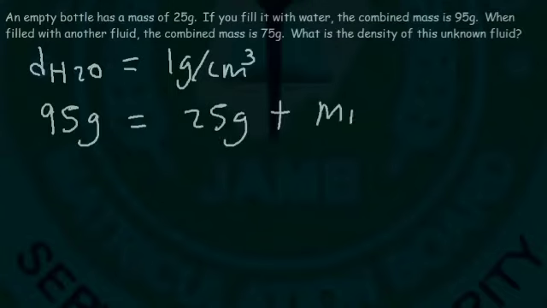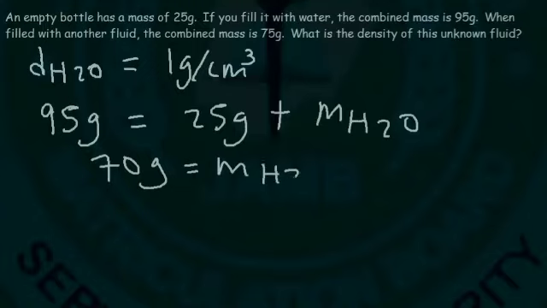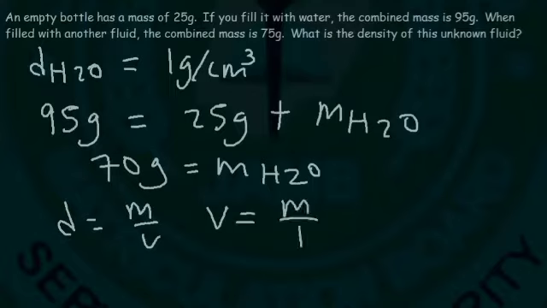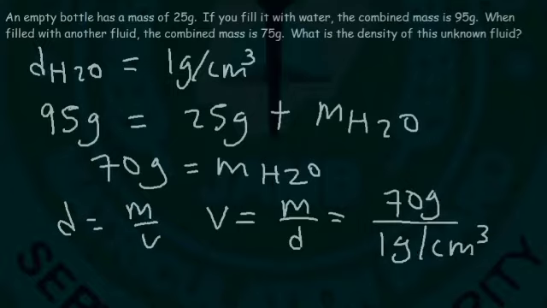So the mass of water must be the difference between these two values. It's 95 minus 25, which is 70 grams. So now let's calculate the volume. Density is equal to mass over volume, and volume is mass over density. So 70 grams of water divided by a density of 1 gram per cubic centimeter tells us that the volume of the bottle is 70 cubic centimeters.